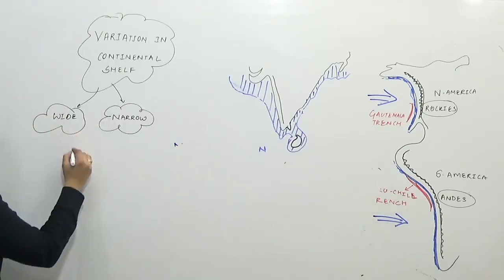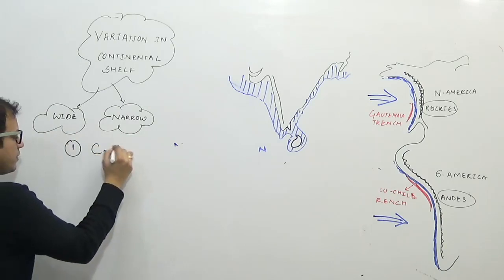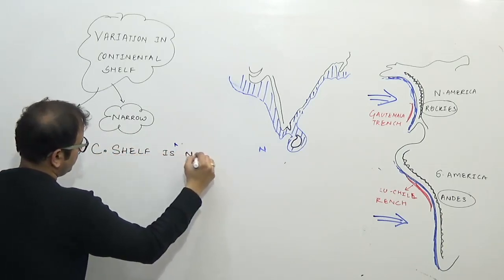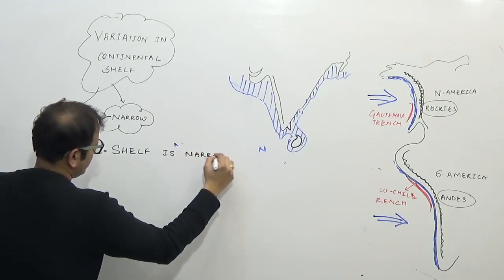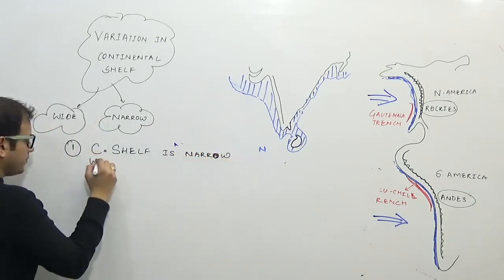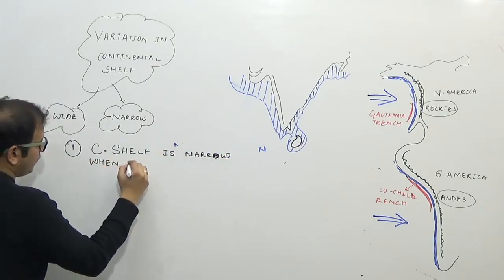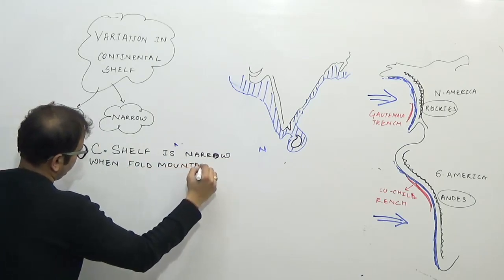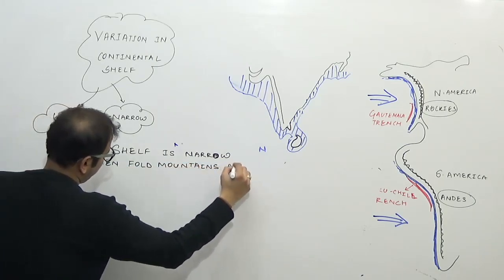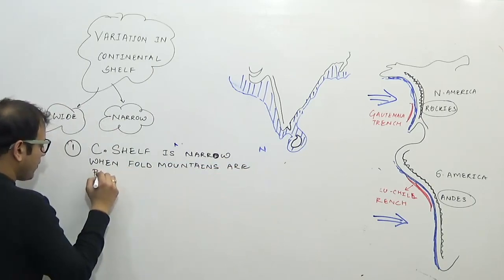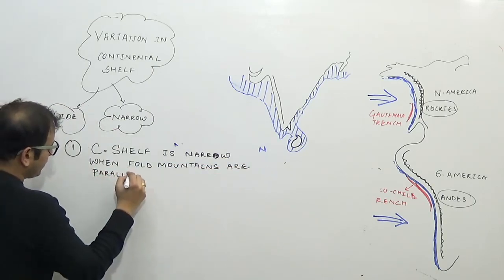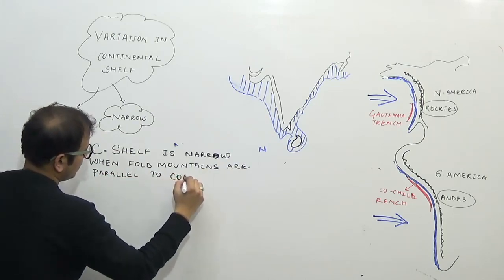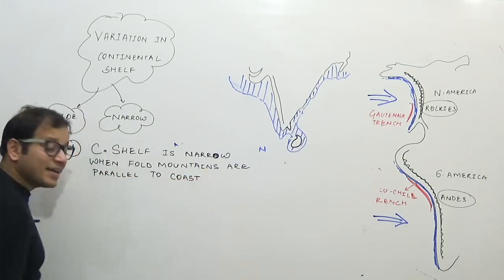The first thing is that the continental shelf is narrow where fold mountains are parallel to the coast. Why are they narrower?